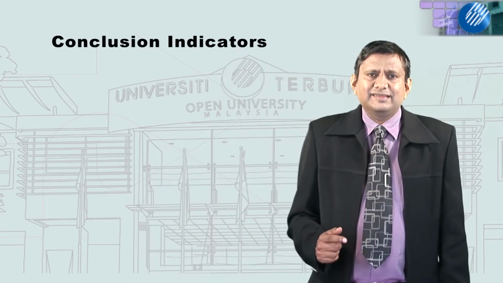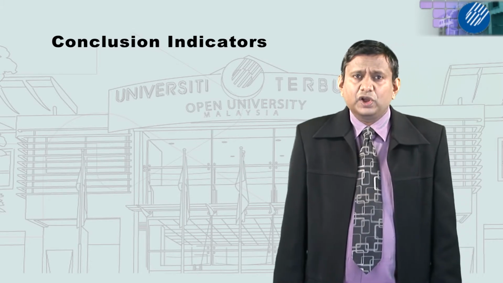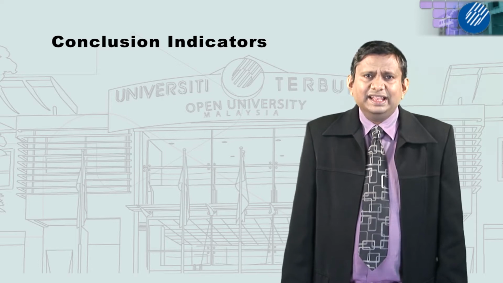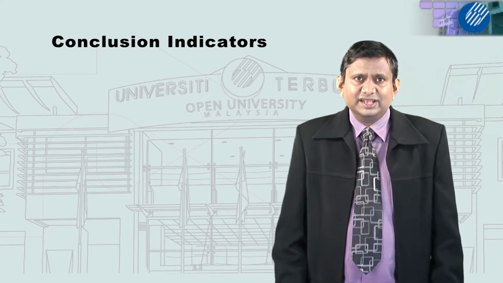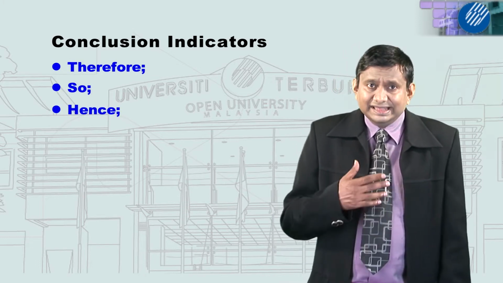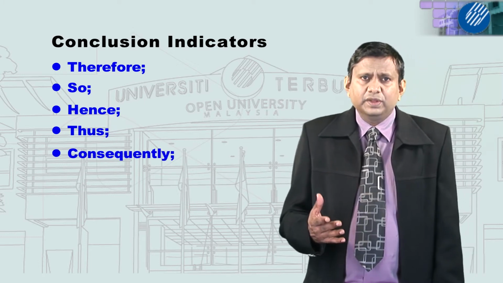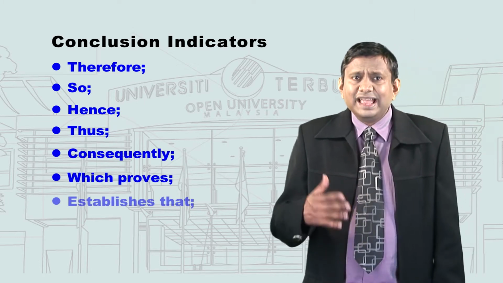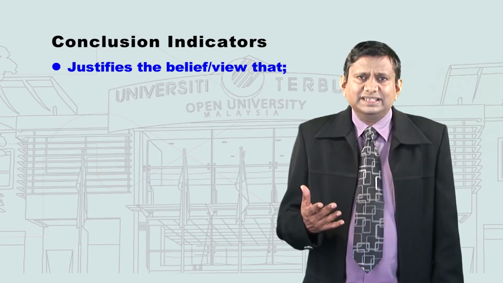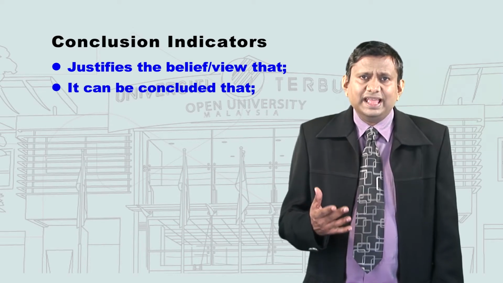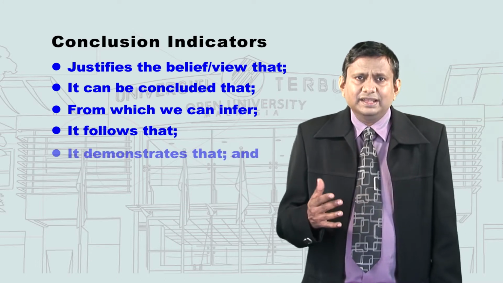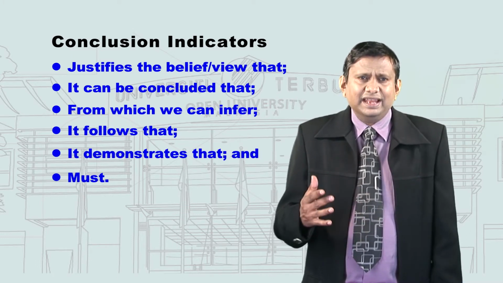Conclusion indicators signal the presence of a conclusion for which reasons have been presented, and they include phrases such as therefore, so, hence, thus, consequently, which proves, establishes that, justifies the belief, view that, it can be concluded that, from which we can infer, it follows that, it demonstrates that, and must.